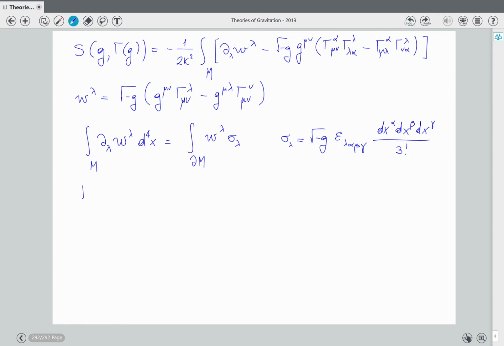This is not a vector. But to check that this is the correct surface element, if v lambda is a vector, then the integral on the boundary of v lambda sigma lambda is invariant under diffeomorphisms.